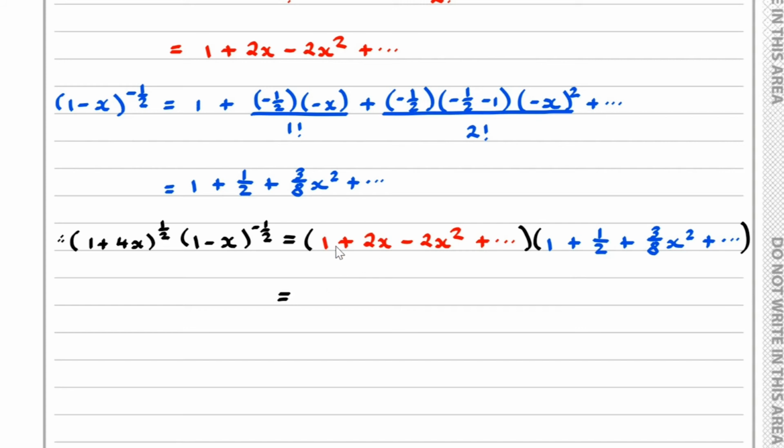So in terms of the numbers, I've got 1 times by 1. Let's continue expanding. Then I've got 1 times by 1/2 x. So I've got 1 plus 1/2 x. Then I've got over here 1 times by 1/2 x. So let's add that on.